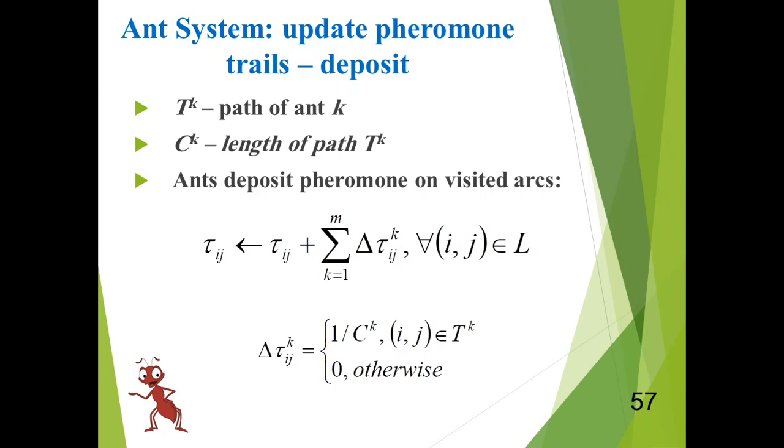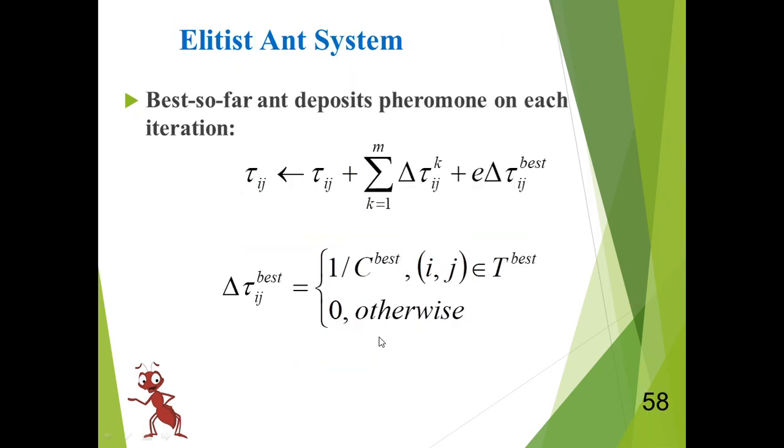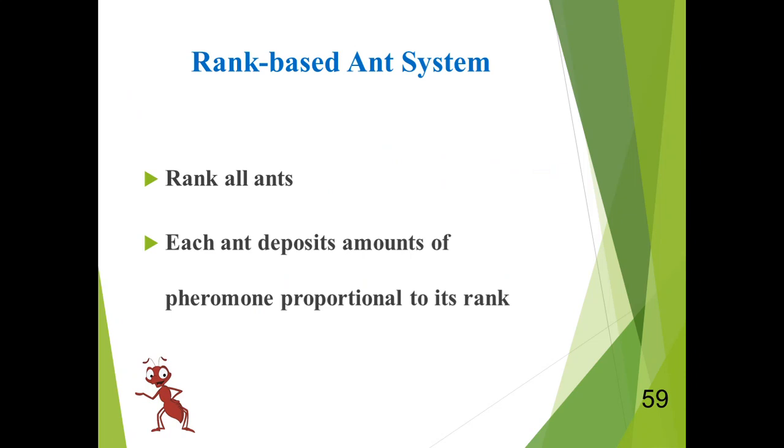Ants deposit pheromone on visited arcs with this equation, and zero otherwise. Elitist Ant System: the best-so-far ant also deposits pheromone on each iteration, like this equation.